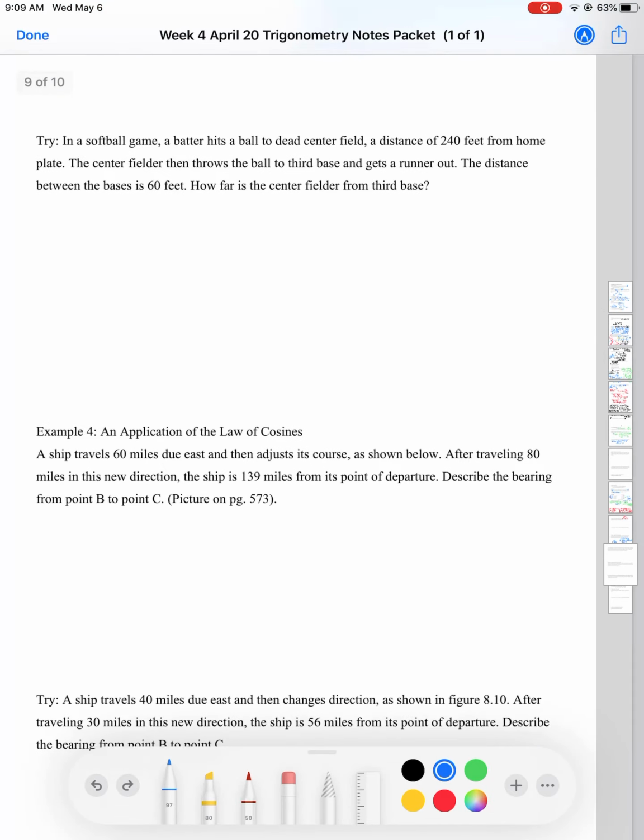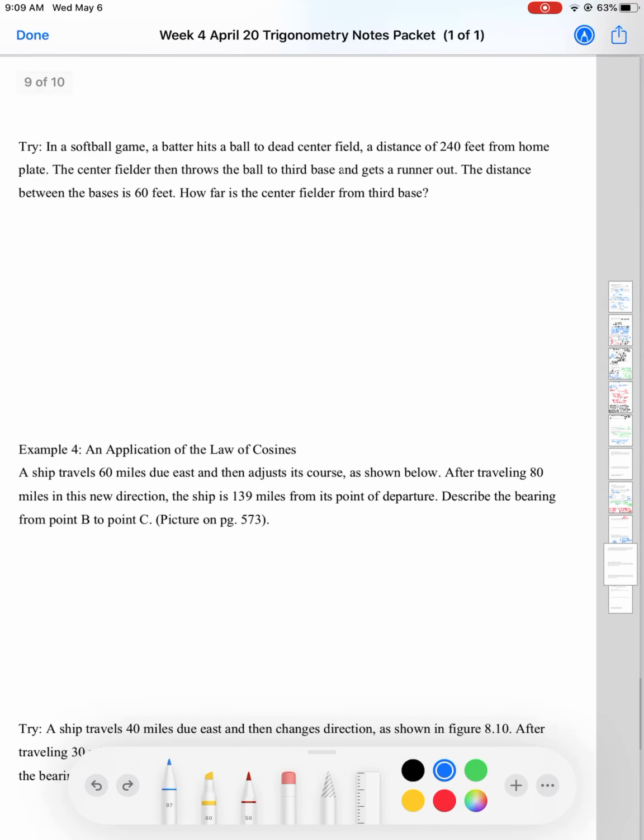Now, we know that this is going to work similarly for the try problem. It's going to form a triangle. So in a softball game, a batter hits a ball to dead center field. So from home plate, they hit a ball to dead center field, a distance of 240 feet from home plate.